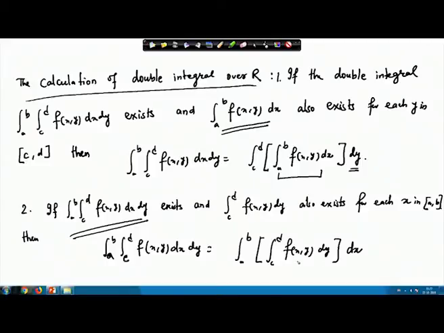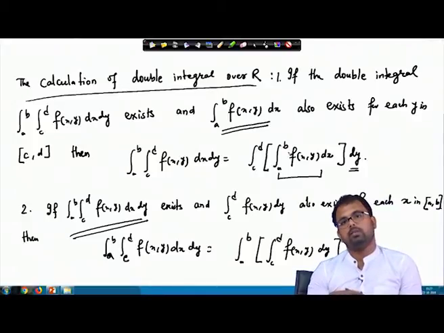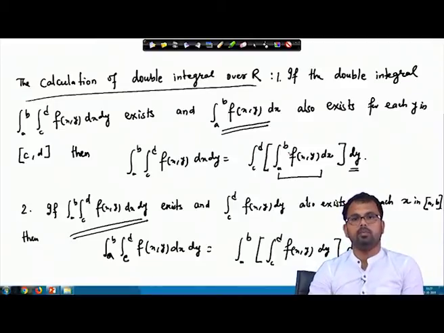So, first we integrate with respect to y, treating x as constant, and then we integrate the rest of the result with respect to x, because then we will have only a function of x. So, either we integrate with respect to y or with respect to x first, and then we integrate whatever variable is left afterwards.